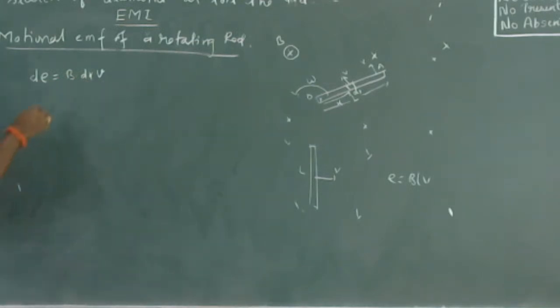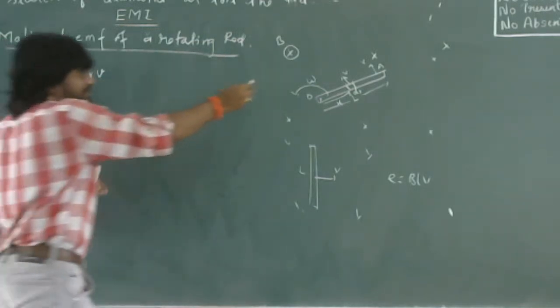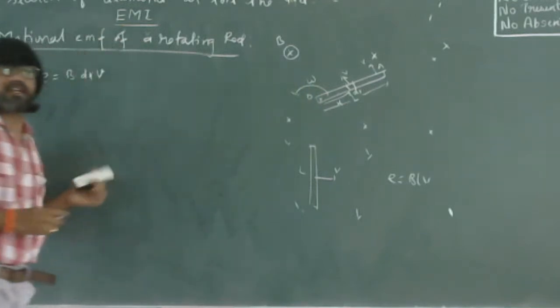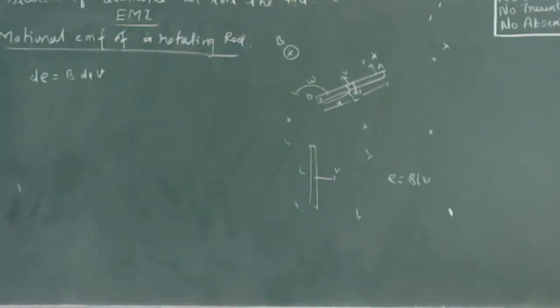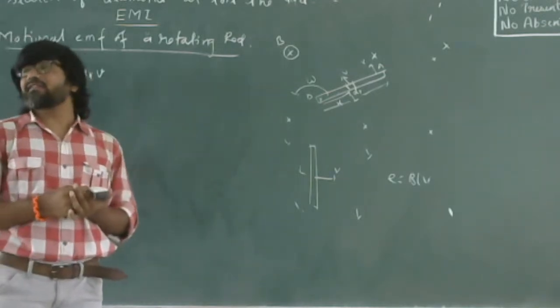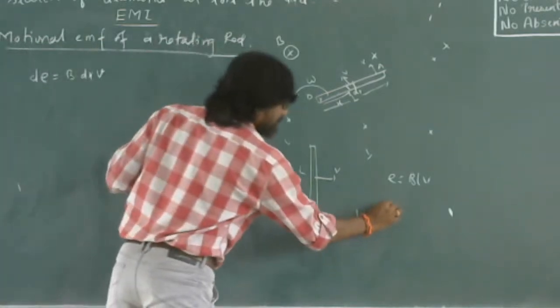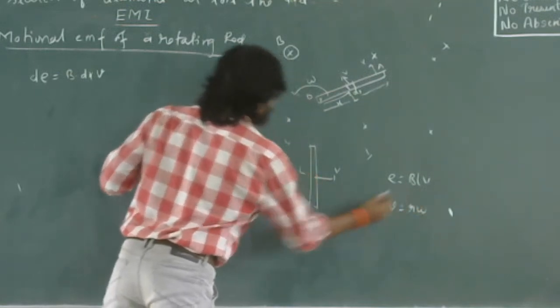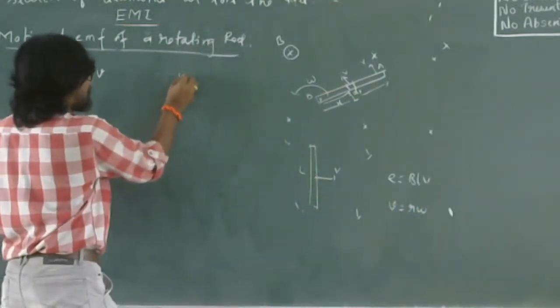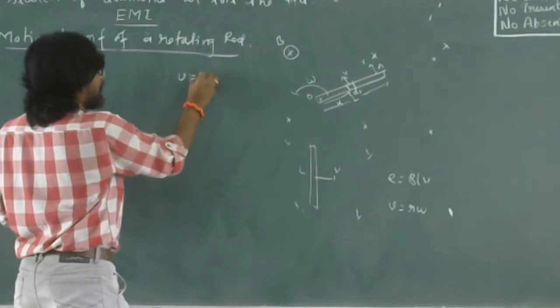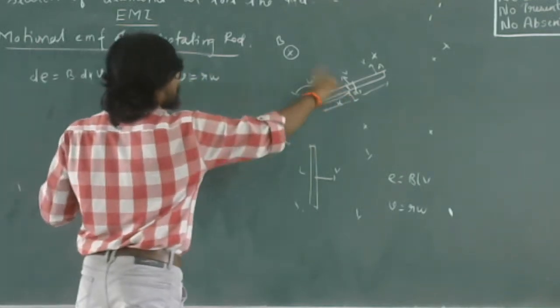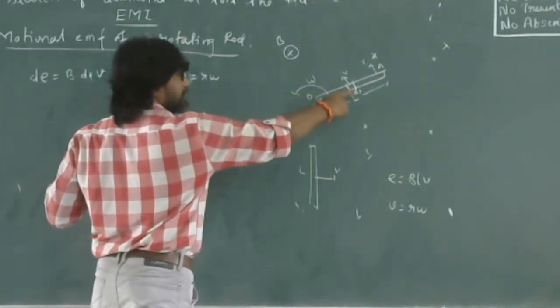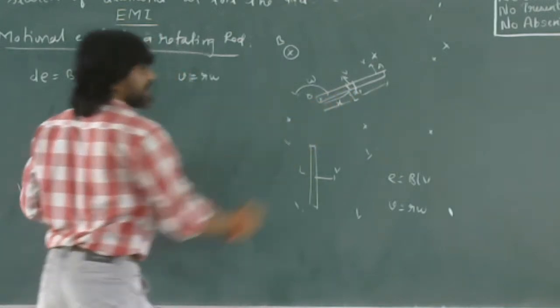Whereas for the total EMF in terms of angular velocity, for any particle moving in a circular motion, we know that the relation between linear velocity and angular velocity is v = r omega, where r is the radius of the circular path of the particle. The radius is nothing but x.